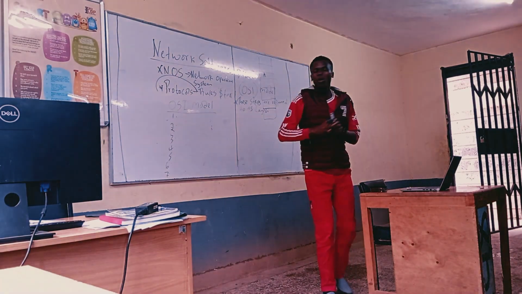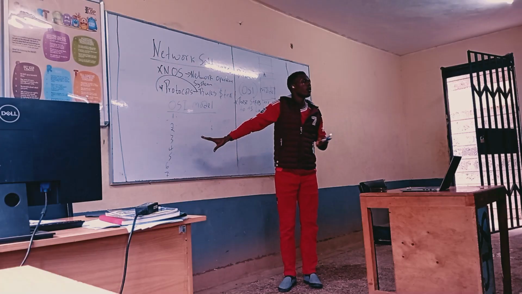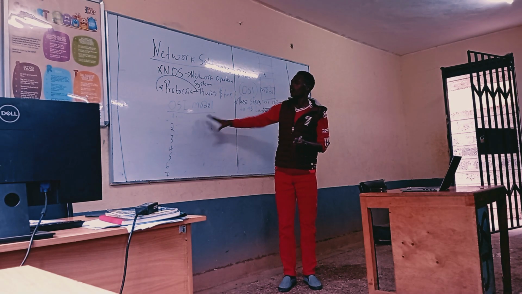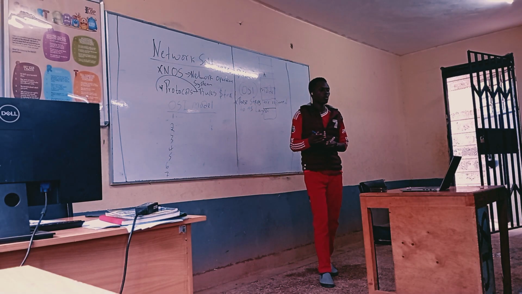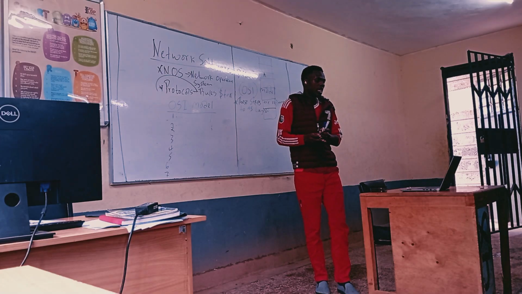We name a layer, we state the function of that layer, and we are done. That is the aim for today. We have 2 models: there's this one, OSI, and there's a network model. We see it later.